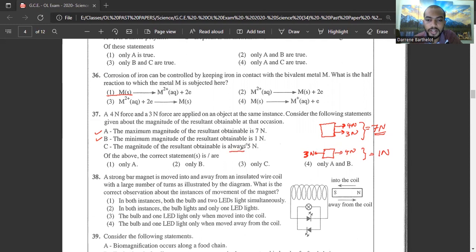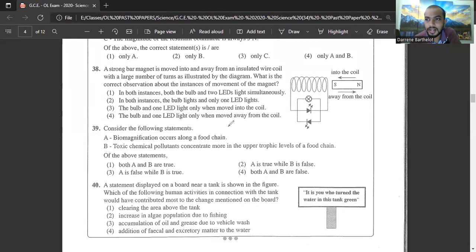At some angle between the 3 newtons and 4 newtons, there will be 5 newtons, but it's not always. It can change. When the angle between these two forces changes, the resultant can vary from 1 to 7 newtons. So the answer should be only A and B. Answer number 4.